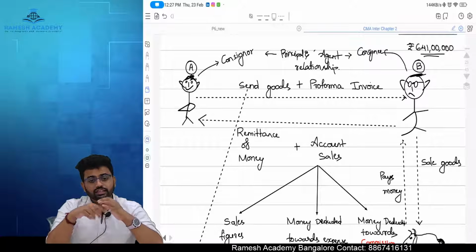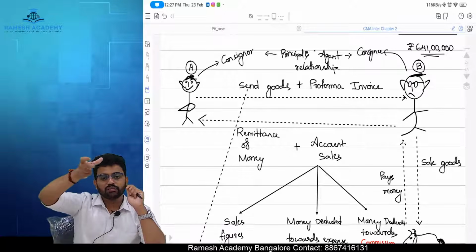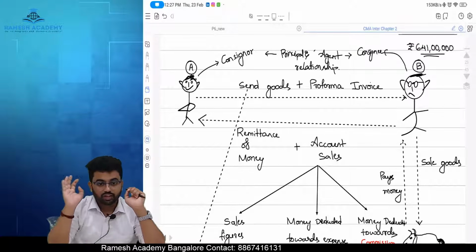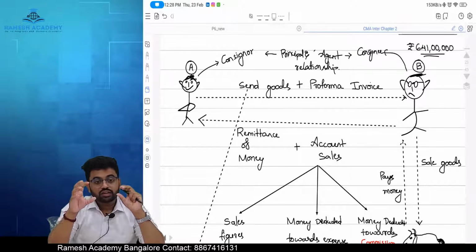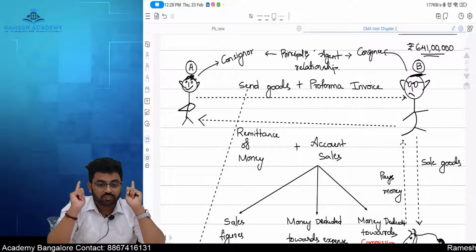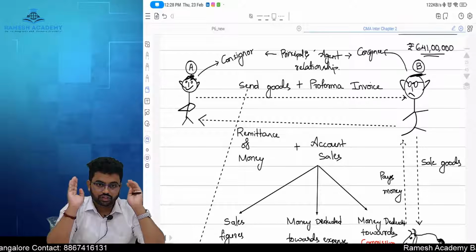Later the customer will pay the money. Now that money the consignee will send to the consignor periodically. But he will not only send the money, he will also send something called account sales.